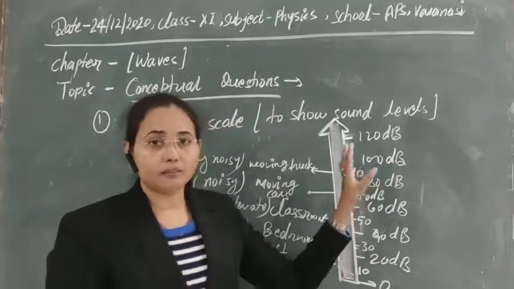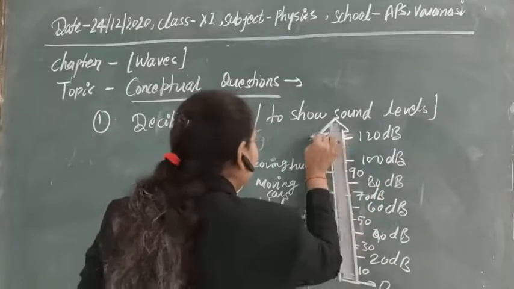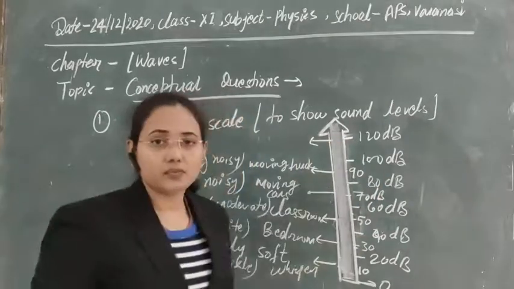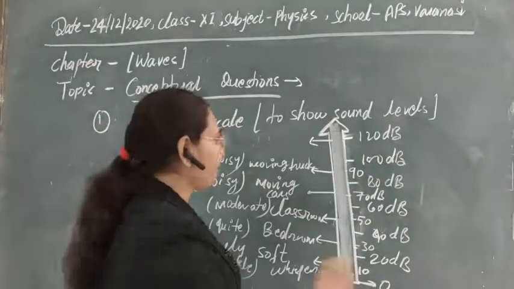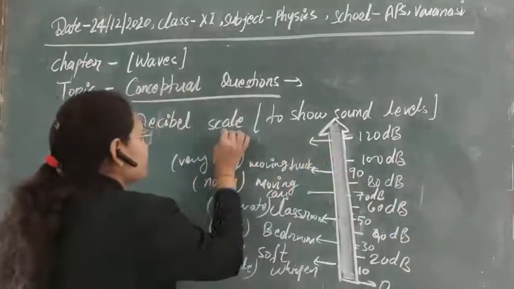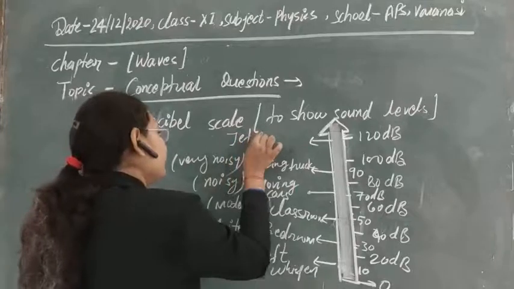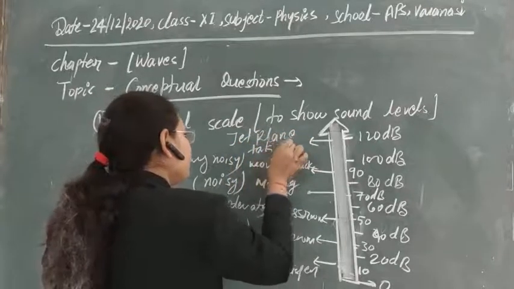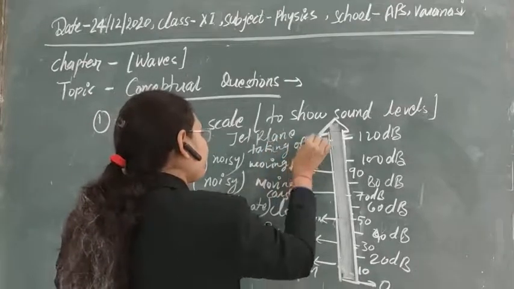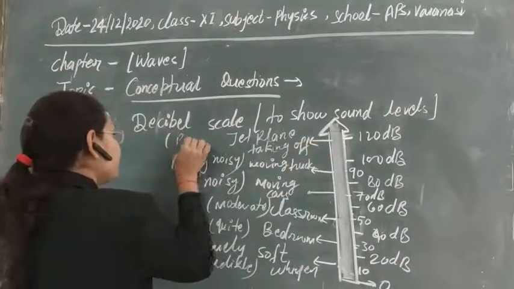So this is the most dangerous level for us, to hear 120 decibel sounds in our daily life. So this is the jet plane that is taking off. This is painful for us.